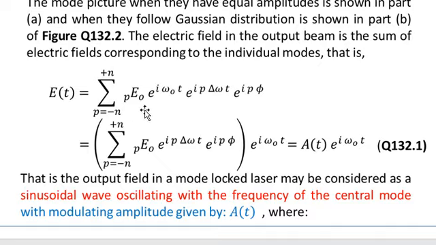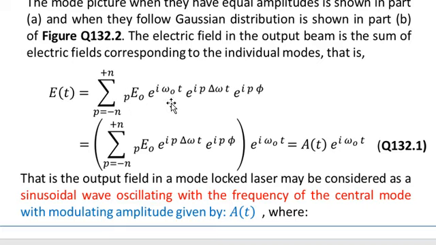E naught is actually the amplitude, which is constant for each mode. So effectively this is the amplitude of each mode, which is equal to E naught.